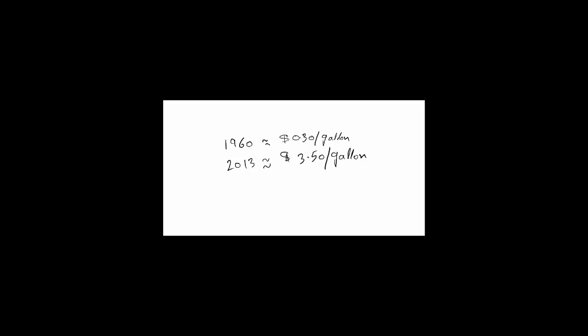This process of converting previous years' prices into current dollars is called converting nominal values into real values. Real values are very helpful in comparing something over time. And in order to make this conversion, all we have to find is the 1960 gas price in 2013 dollars.